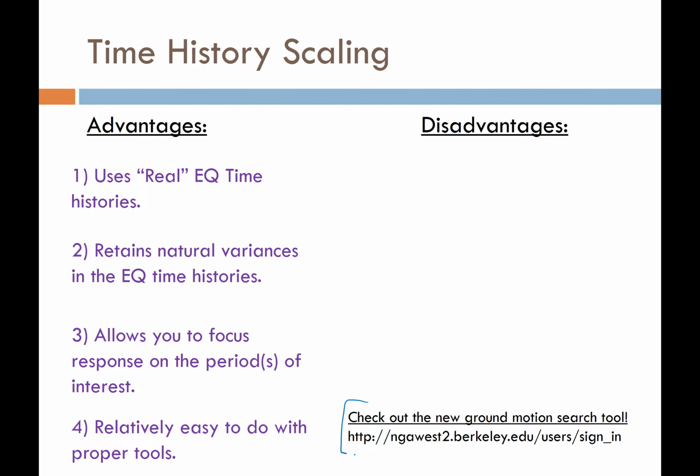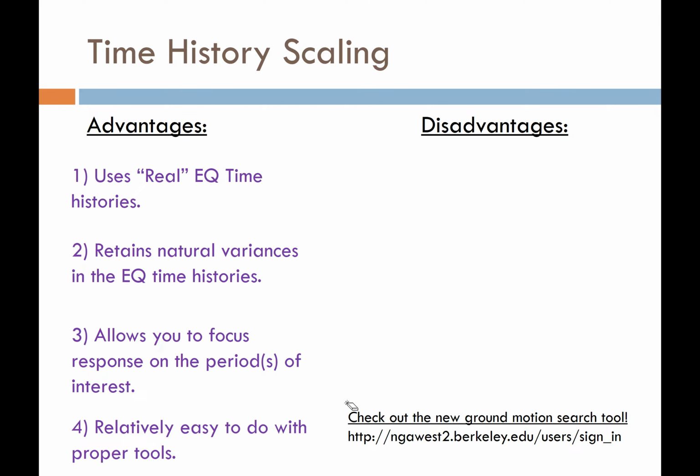But now we have some new tools to help us, like the NGA West 2 online database that's housed at the University of California at Berkeley. It's got some really cool search tools that we're going to demonstrate on Wednesday in our lecture. And so, with these new tools available to us now, time history scaling is really not that bad.